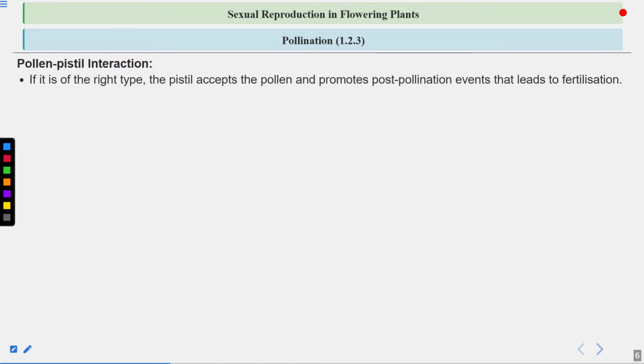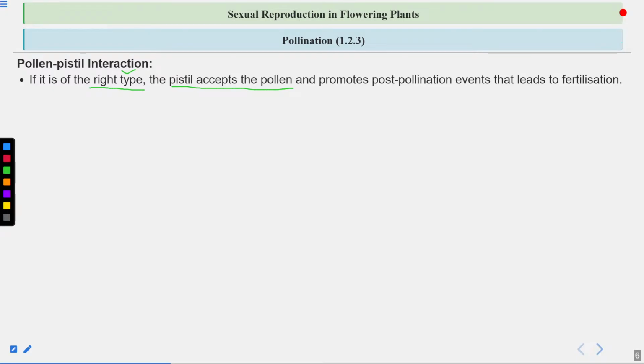Now, if it is the right type, the pistil accepts the pollen and promotes the post-pollination events that lead to fertilization. If the pollen is of the right type, the pistil will allow the pollen to swell up, to germinate, to put out the pollen tube, to penetrate the stigma tissue, the style tissue, and the ovule, and lead its way to the embryo sac.